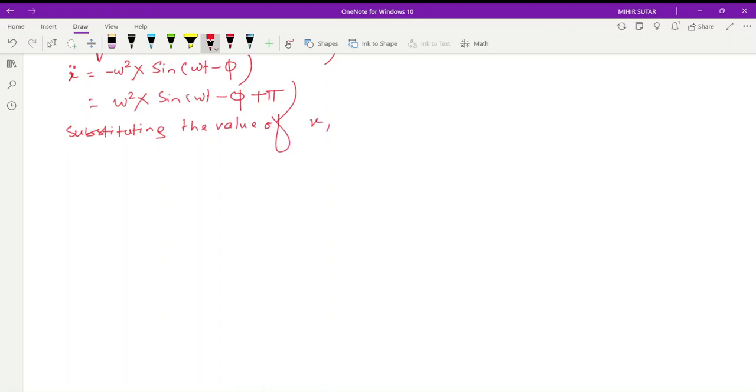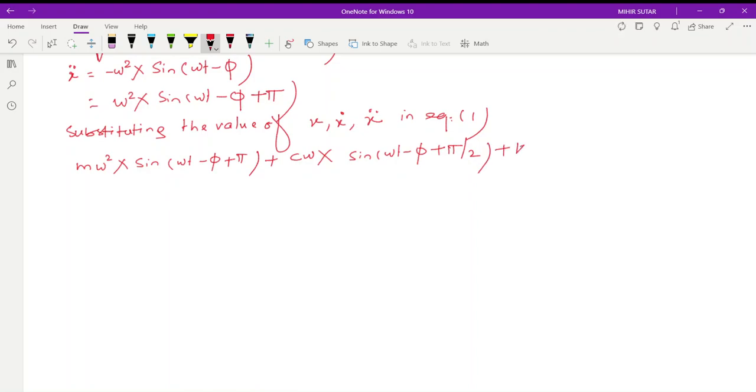of x, x dot and x double dot in equation 1, okay, we'll have m omega square capital X sine omega t minus phi plus pi, plus c omega X sine omega t minus phi plus pi by 2, plus k X sine omega t minus phi is equal to F0 sine omega t.